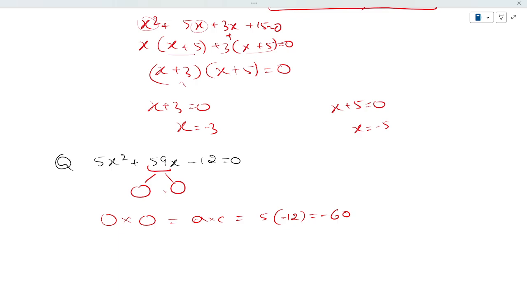So there is one thing. Here A is 5, B is 59, and C is minus 12. If your last term, or constant term, is negative, we have to subtract two numbers to reach the middle term, right?